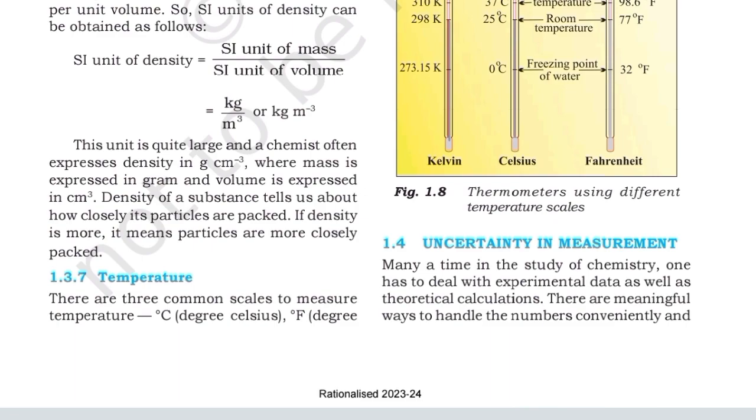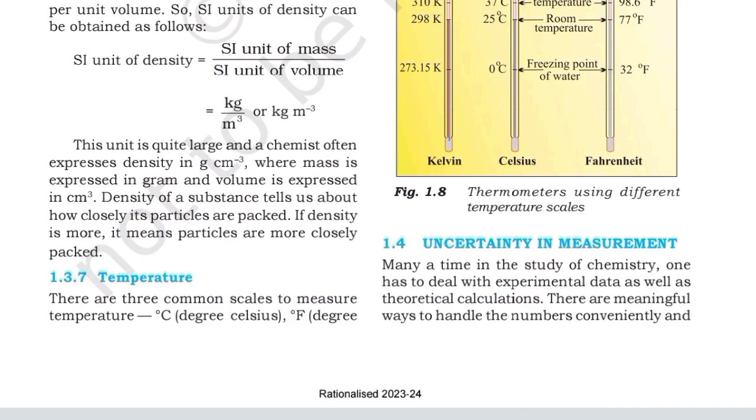This unit is quite large, and a chemist often expresses density as gram per centimeter cube, where mass is expressed in gram and volume is expressed in centimeter cube. Density of a substance tells us about how closely its particles are packed. If density is more, it means particles are more closely packed.